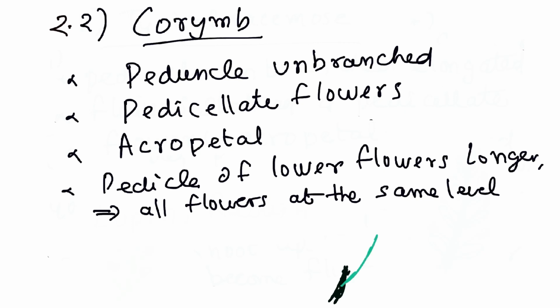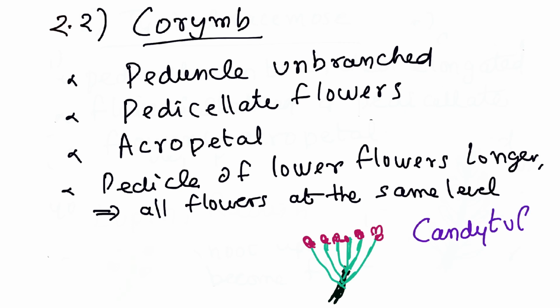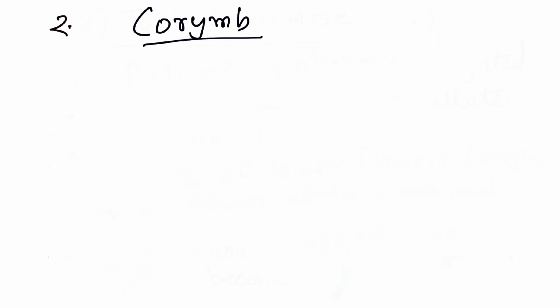So in the Corymb, the peduncle is unbranched, the flowers are pedicellate, and arrangement is acropetal. But because the pedicels of the lower flowers are longer, all the flowers occupy the same level. A classical important case is candy tuft.